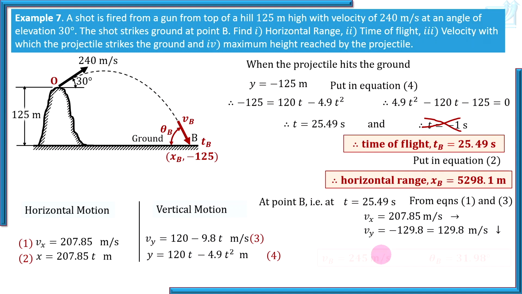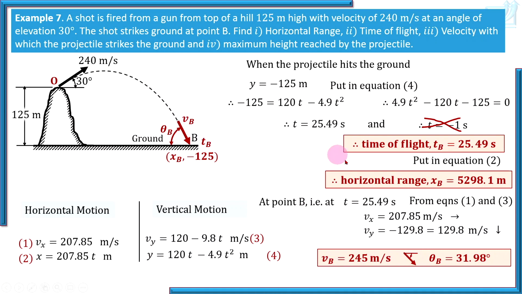Use it and get V, magnitude of velocity at point B, and angle of velocity with horizontal. But this is not enough. Correct direction you should show in the answer. It is rightwards downwards. So this is that direction of velocity, rightwards downwards. So velocity of projectile when it strikes the ground, we have found out.